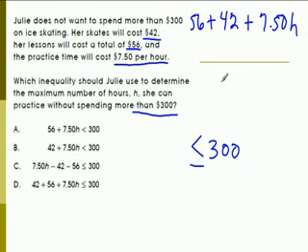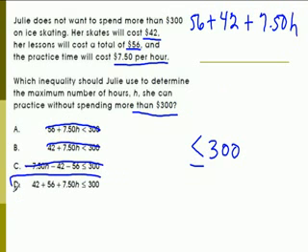That's what we need to figure out. Now looking at all this, which one has that? This one has 56 plus 7.50 but doesn't have the 42. This one has 42 plus 7.50 but doesn't have the 56. This one is 7.50 an hour minus 42 minus 56. Well, we know that we have to add it together, so it has to be D.